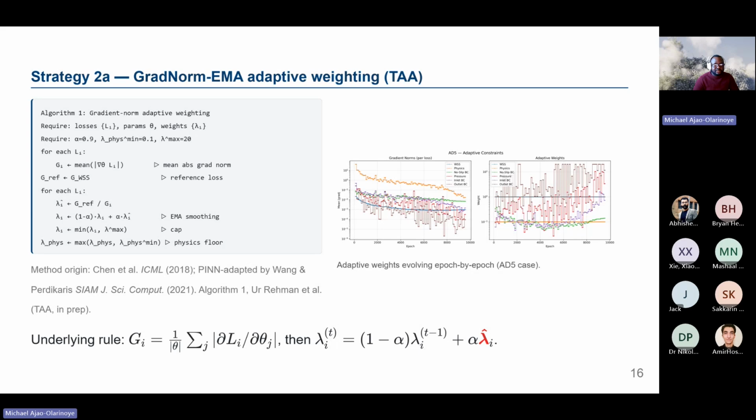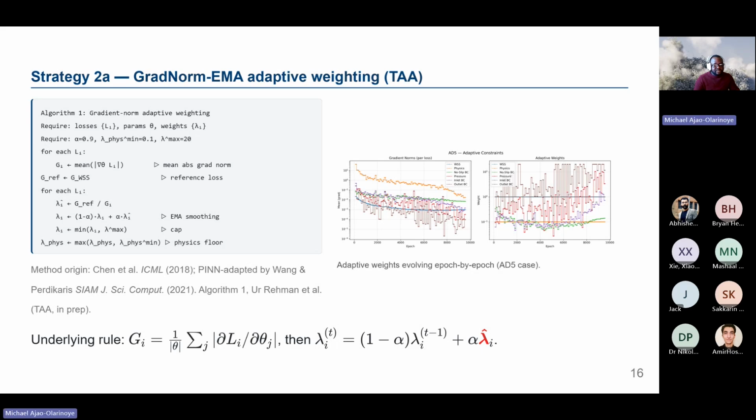We take most of this and generate the mean of the gradient norm, and then use that to solve for each of the loss weights at each epoch. We used it in the TA project, but the original gradient norm method was from Chen et al. We adapted it to the particular problem we had and extended it to most of the losses that we could adaptively tune.